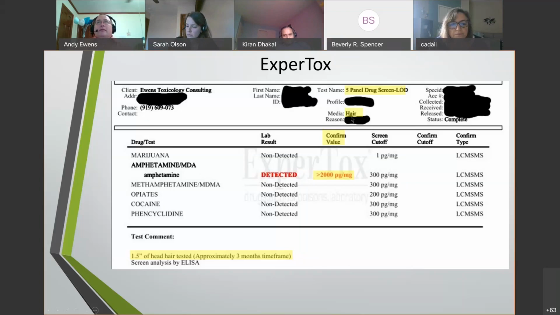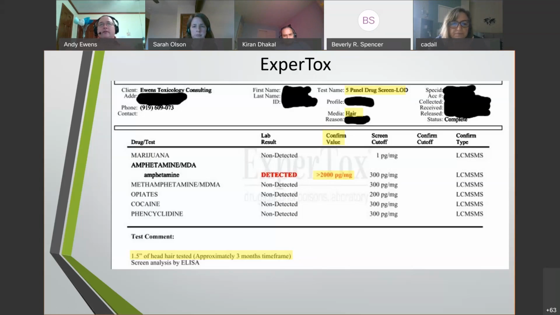In the media, it says this is a hair test. And under lab results, everything is not detected except for amphetamine. They are showing a confirmed value of over 2,000 picograms per milligram. So this has gone through the immunoassay screening with a screening cutoff of 300 picograms per milligram, and then went through a second test.